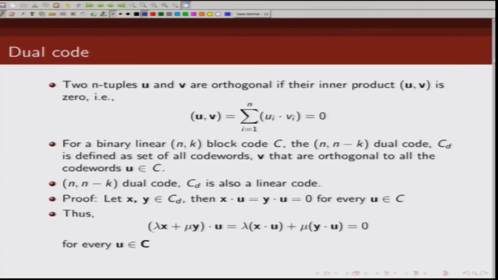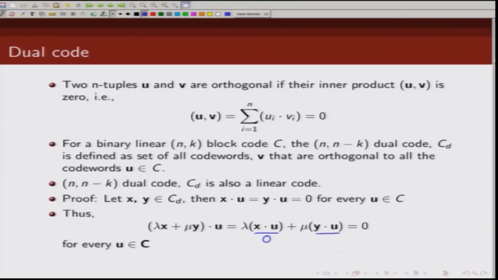So, then for binary lambda and mu, we can write (lambda x plus mu y) dot product with u as lambda times x dot u plus mu times y dot u. Now, what is x dot u? x dot u is 0 because x belongs to the dual code and u belongs to the original code C. So, they are orthogonal, that is why x dot u is 0.